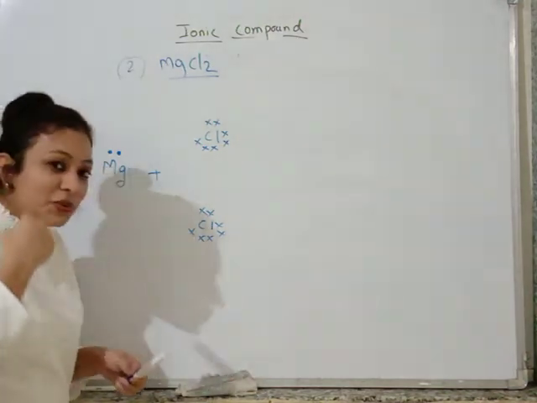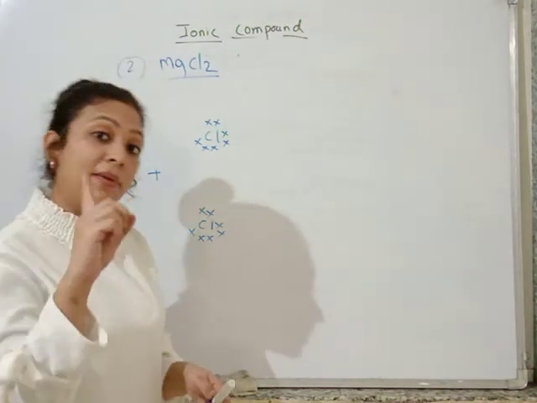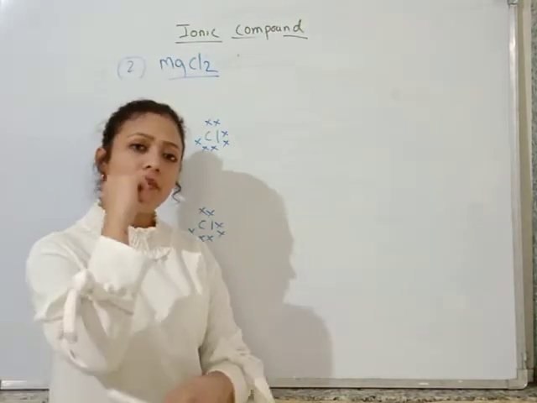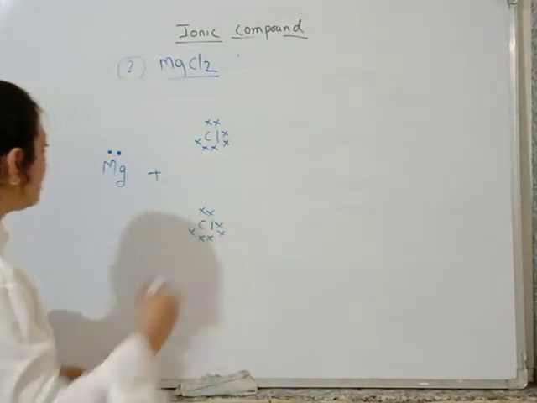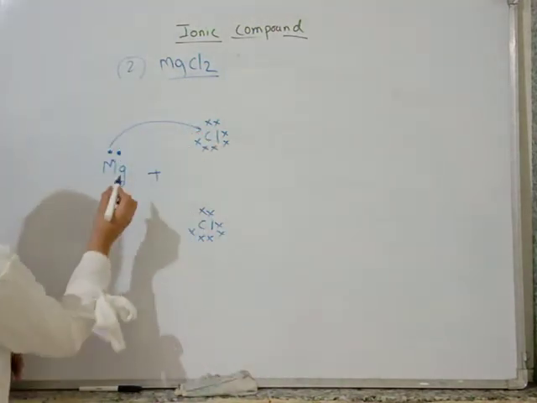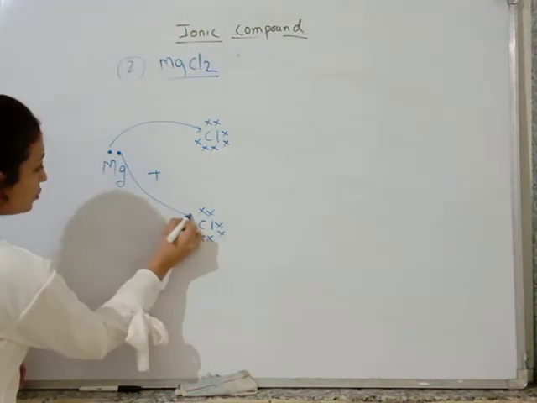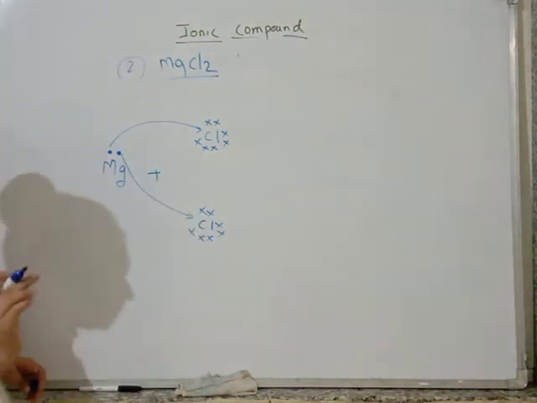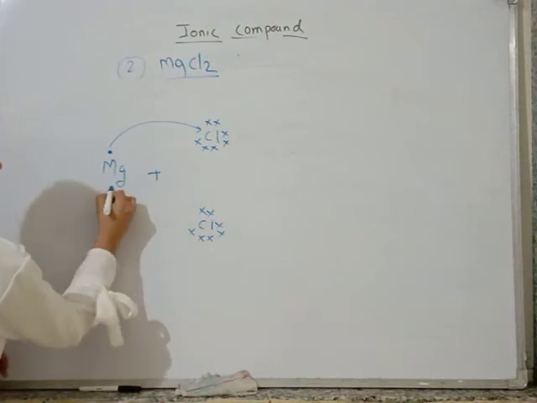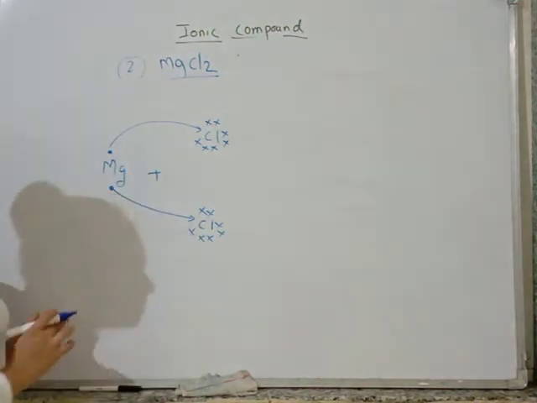Now the magnesium is going to lose 2 electrons, but one chlorine can gain only 1 electron. Now how we will represent it? It's very simple. Just transfer 1 electron from here to here and 1 electron from here to here. Otherwise you can draw this electron here also and you can represent in this way.